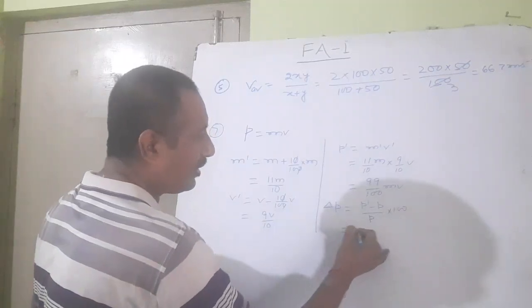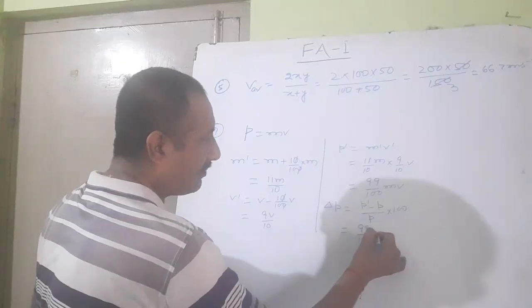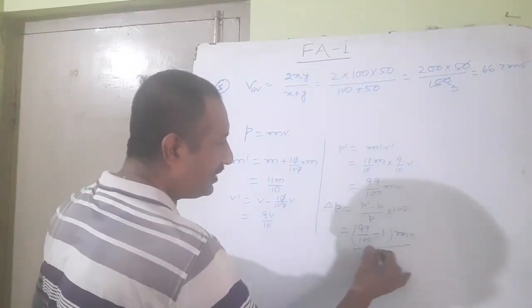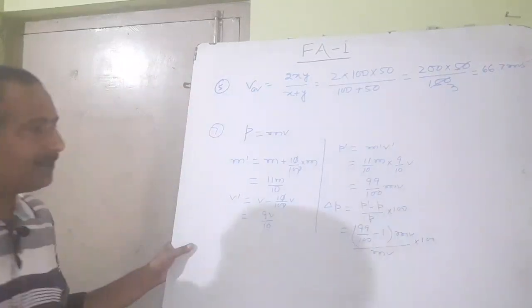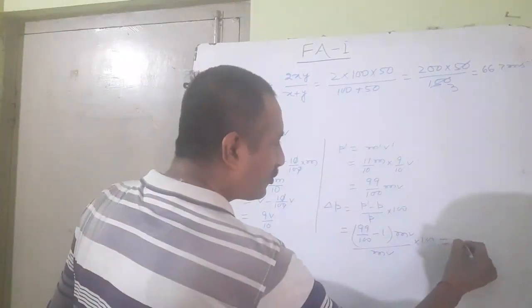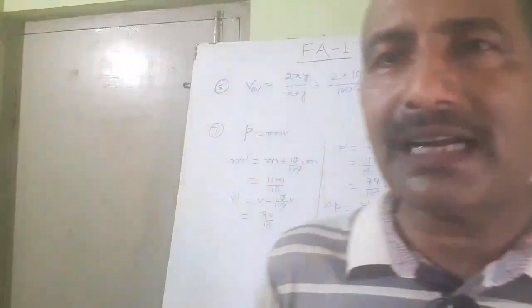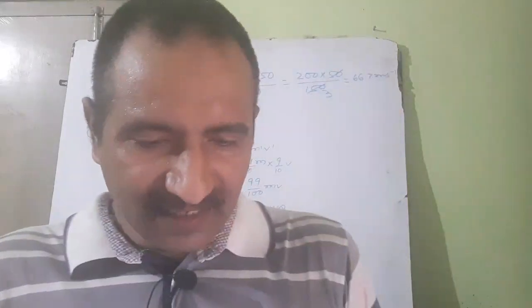If you solve it, it is 99 by 100 minus 1, mv by mv, into 100. So how much will you get? It will be minus 1%. So momentum is reduced by 1%. Got it?